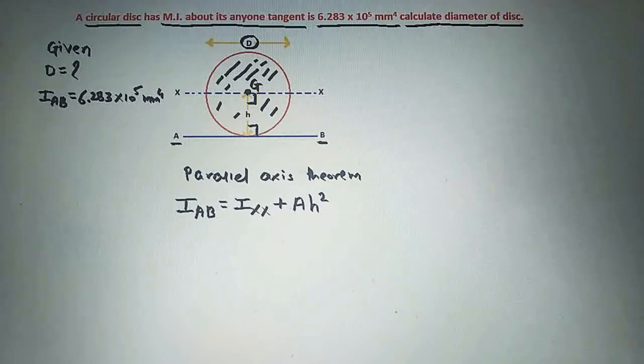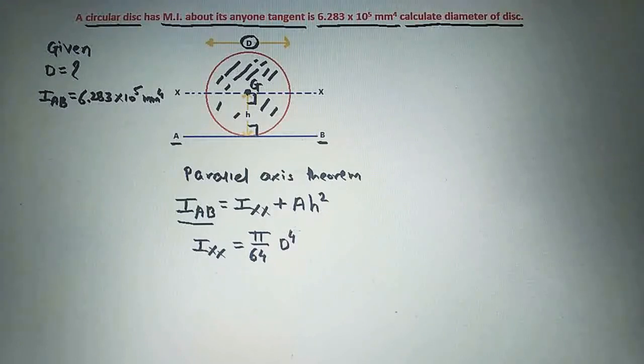Now we have to find out diameter D here. So see here, we are having a value of IAB. Now we will take the formula for Ixx, that is the moment of inertia of a circle about the centroidal x-axis, and that formula is pi by 64 d raised to 4.